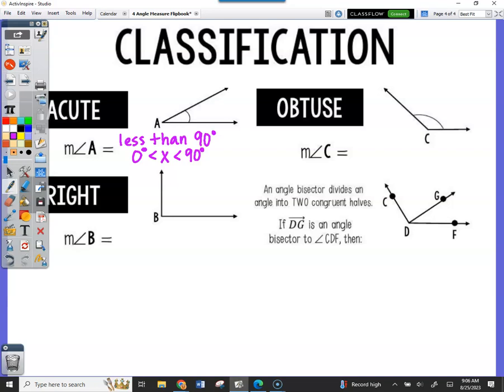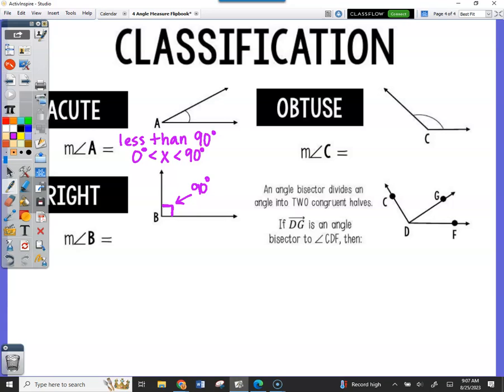Now, a right angle is something y'all said y'all learned in middle school, because yesterday when we had that sheet, I wanted to make sure you knew what the little box meant. When you have a square drawn in the corner of an angle, it means that this is 90 degrees.